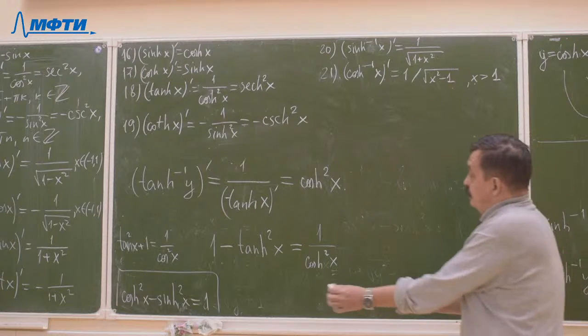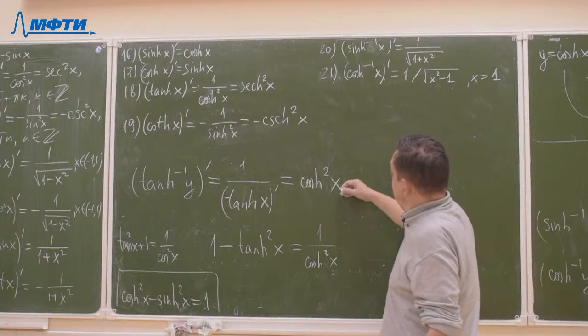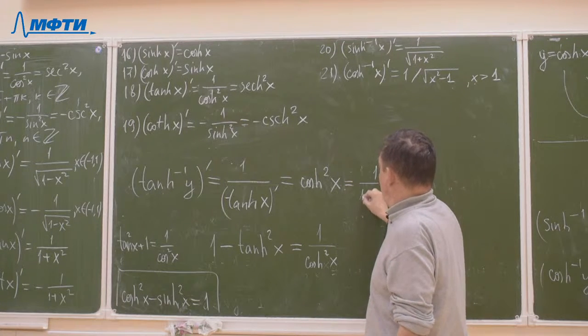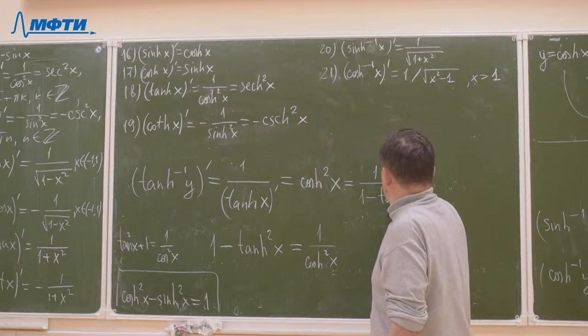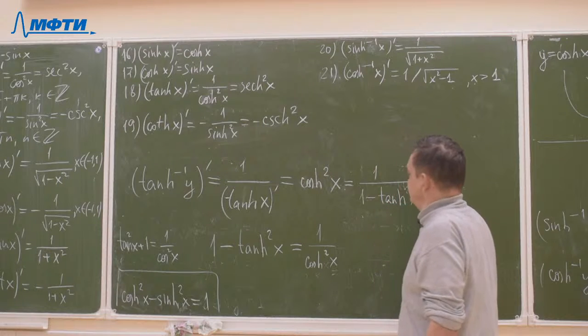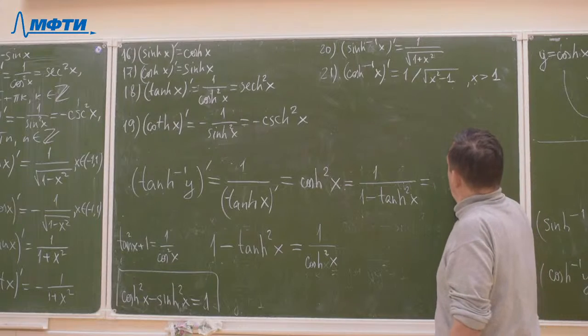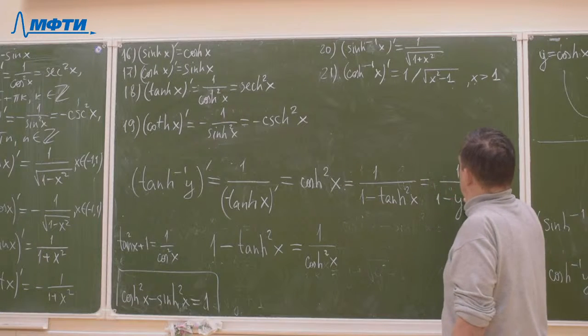So it means here we have 1 over 1 minus tan hyperbolic squared x, and that is 1 over 1 minus y squared.